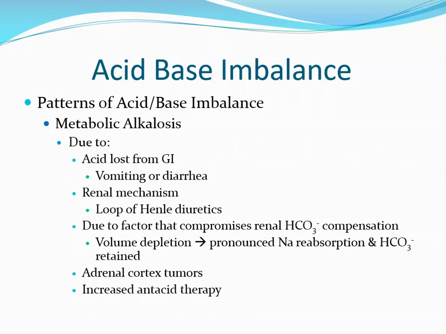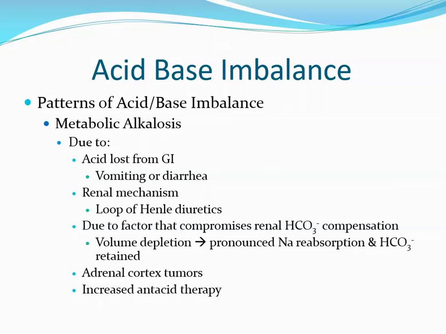Metabolic alkalosis. This could be due to acid lost from the GI tract through vomiting or diarrhea. It could also be due to a renal mechanism related to the use of loop diuretics. A loop diuretic is given to cause water loss, and it works at the level of the loop of Henle.